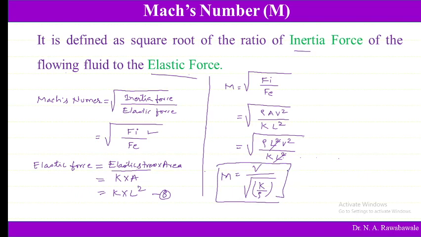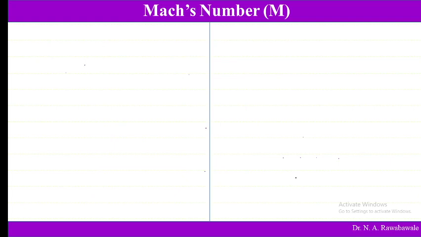So this k divided by rho, square root of k divided by rho is substituted as c, the velocity of sound in fluid.